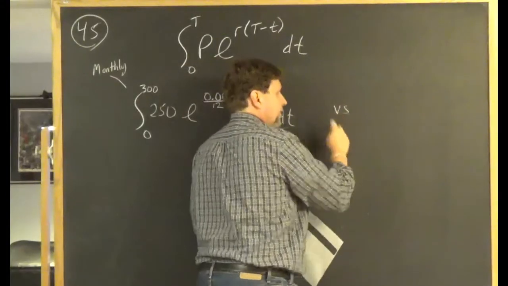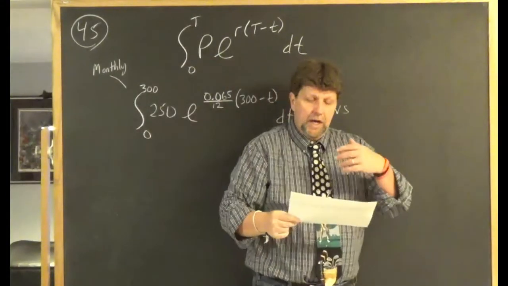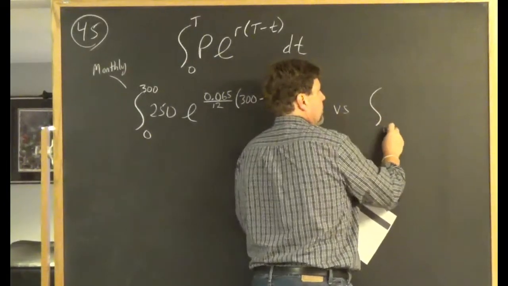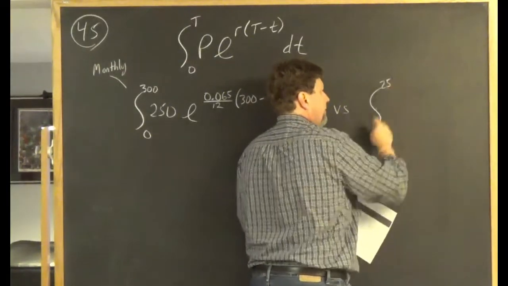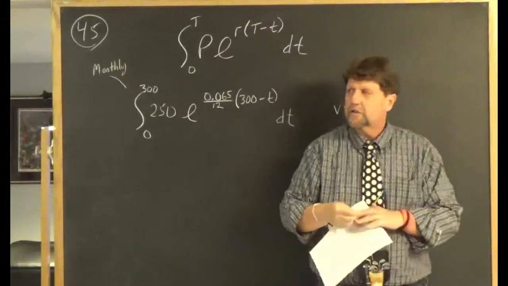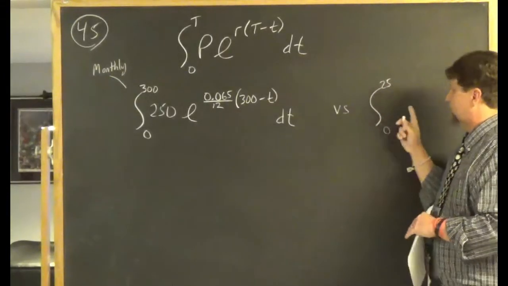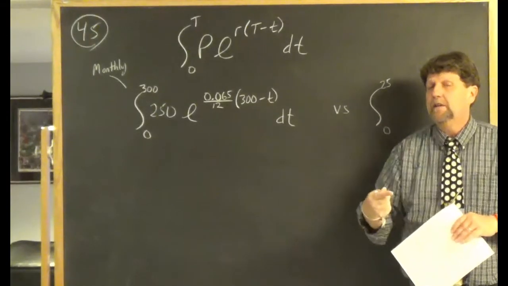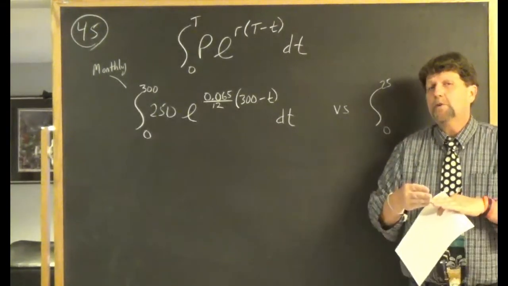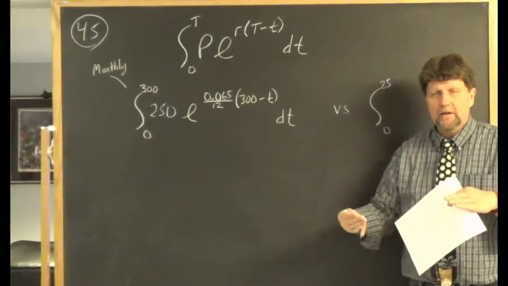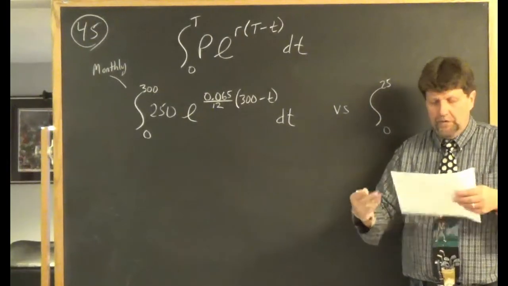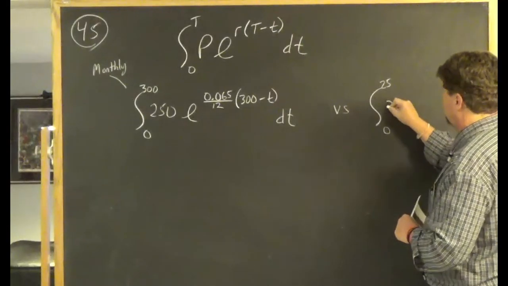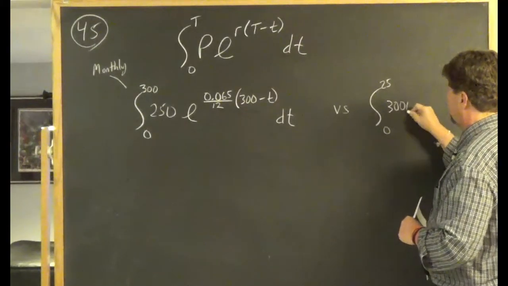If you want to convert everything into a yearly basis, well, you'd integrate from 0 to 25 because it's 25 years. P is going to be different now. Antonio's putting in $250 at the beginning of each month. So how much would that be over the course of a year? Well, you take the 250 and multiply it by 12, and that gives you 3,000.